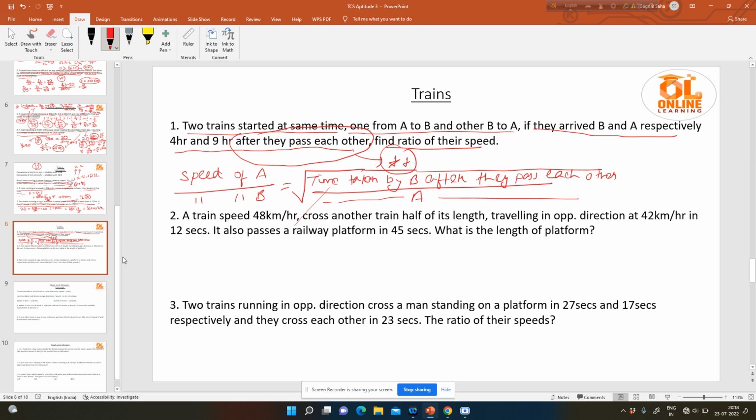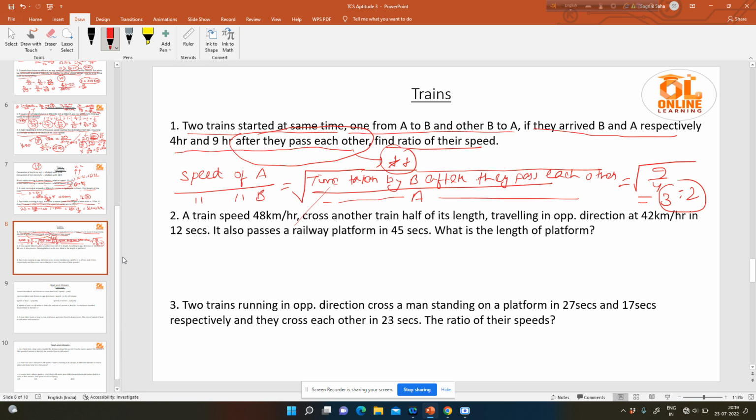Speed of A by speed of B is equal to root over of the opposite time, time taken by B after they pass each other by time taken by A after they pass each other. So we can simply write root over 9 by 4. So it would be 3 is to 2.